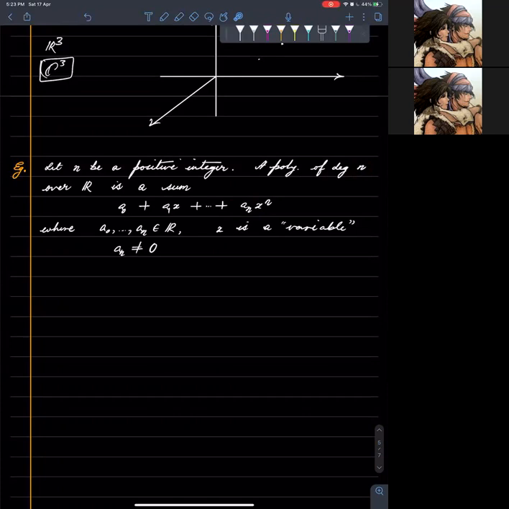Formally, really, it's a list: a0, a1 up to an, just these n numbers. But when we think of polynomials, we don't think of them as lists. We think of them as objects like this.